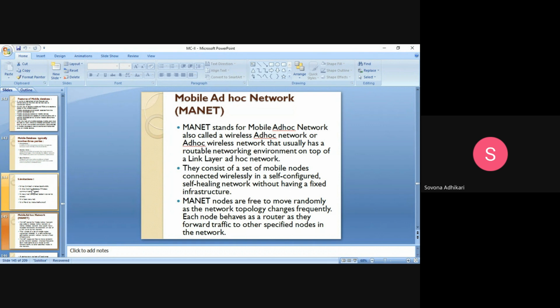So each node forwards the packet to its neighbor, and in this way a packet moves from one node to another node.